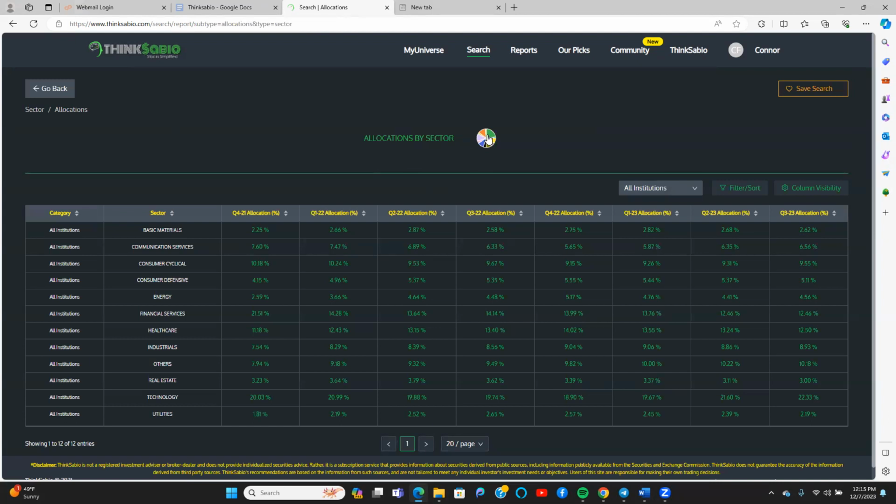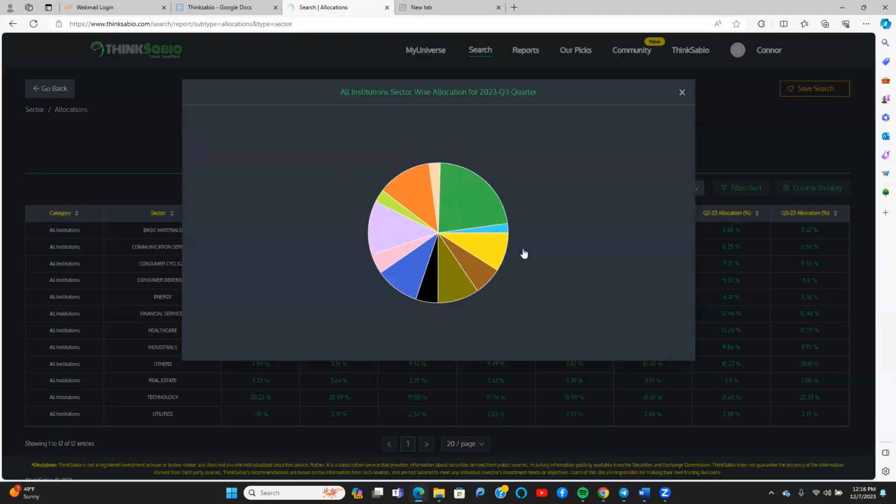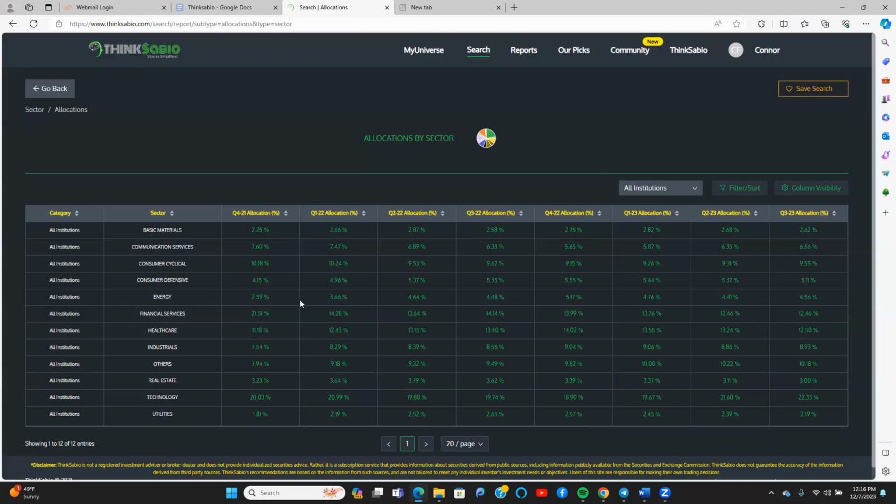So the first thing you see is this nice colored pie chart. This is for the latest quarter, and it gives a visual representation of which sectors are seeing the most institutional investment. Technology is seeing the most investment right here. Then you have utilities with a smaller slice of the pie. And it lets you see which ones are seeing the most institutional investment for the latest quarter.